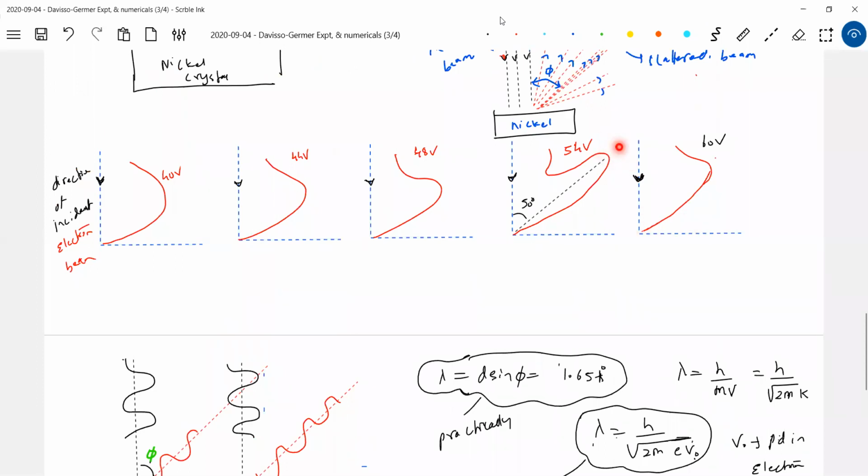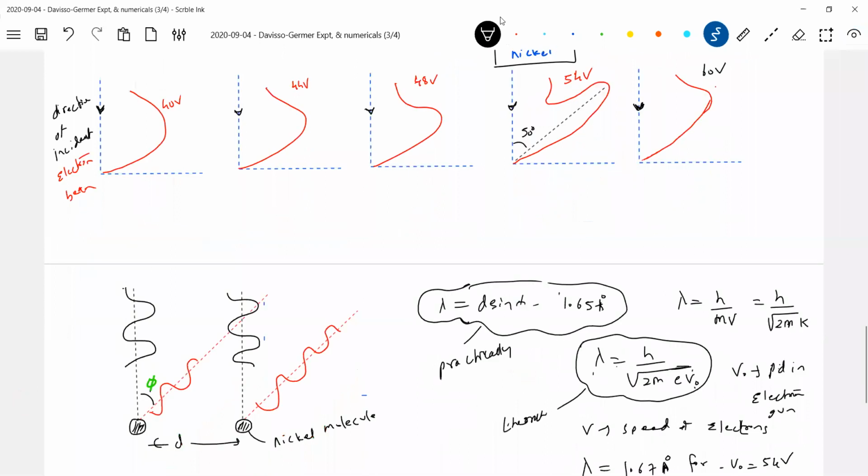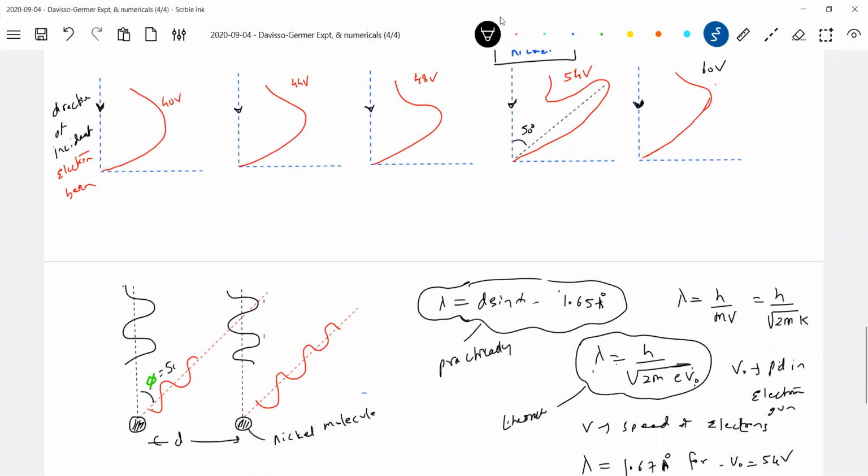So that particular angle of 50 degrees, φ, I substitute here, and I know the spacing between nickel atoms. These are practical, these are theoretical. So this shows that electrons do behave like a wave. And what is an electron? An electron is matter. Therefore matter has a dual nature, particle as well as wave.